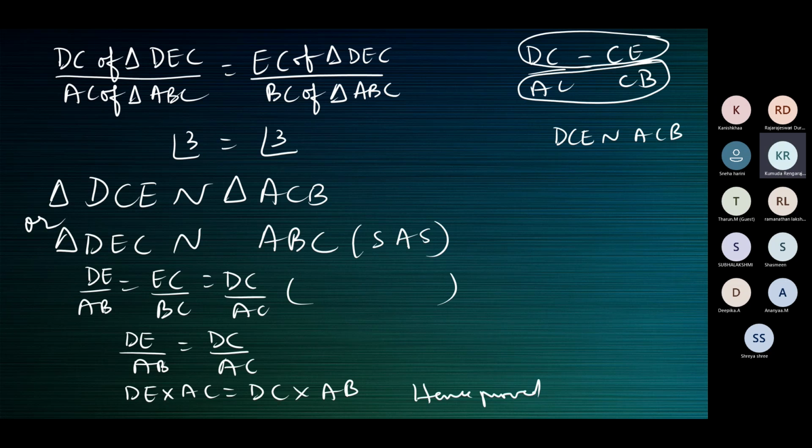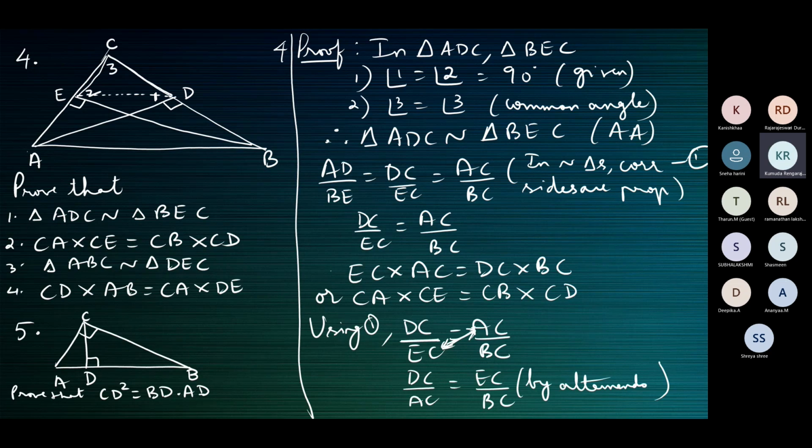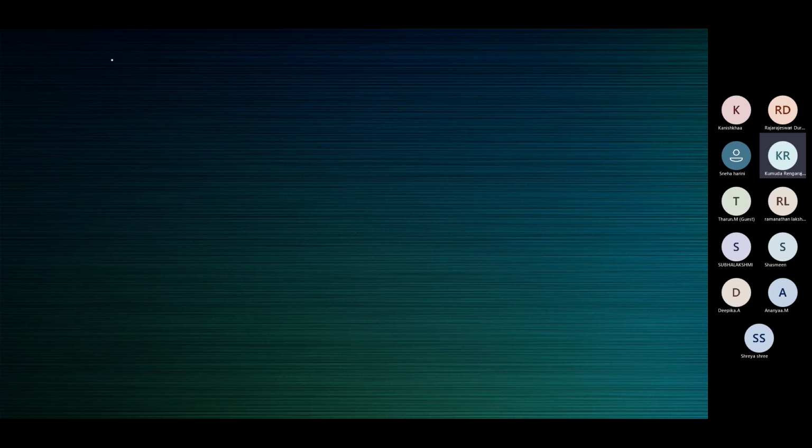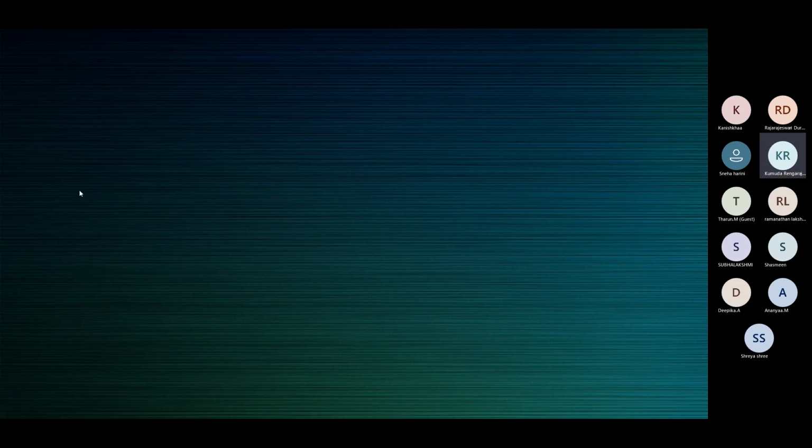3 is the common angle. Now, how do you identify which angle to take? DC and EC must contain that angle. Only that you should take, not any angle. Which is the angle contained by DC and EC? DC and EC contain angle 3, so you must take 3. Then which is the angle contained by AC and BC?